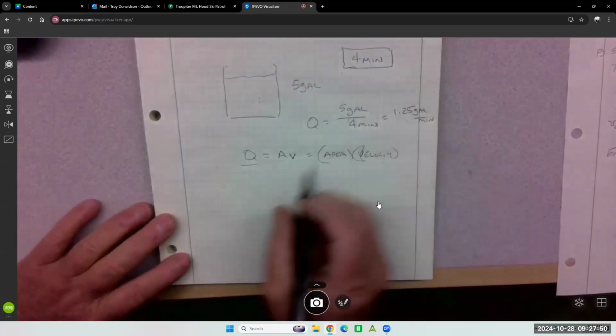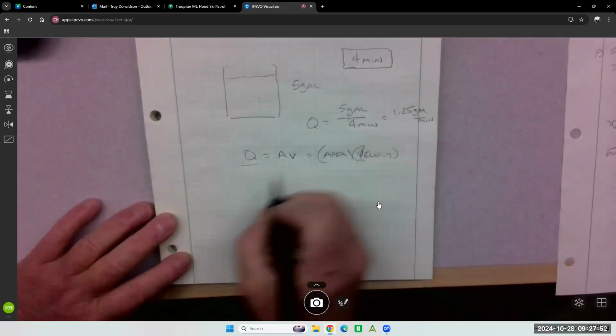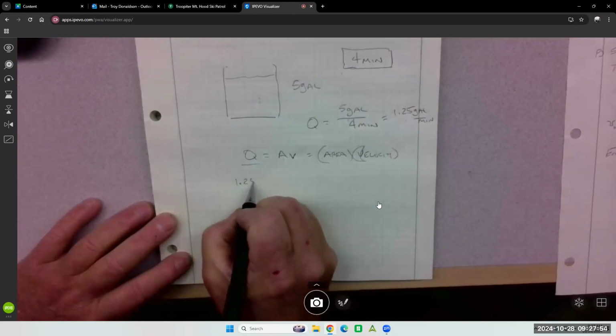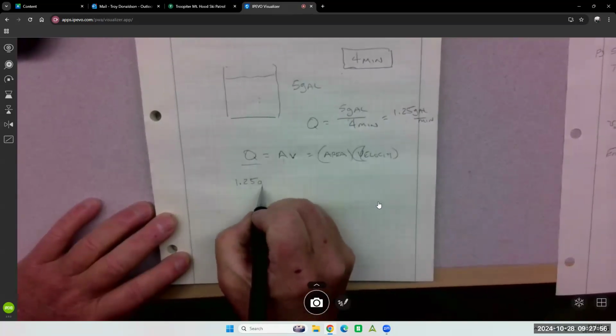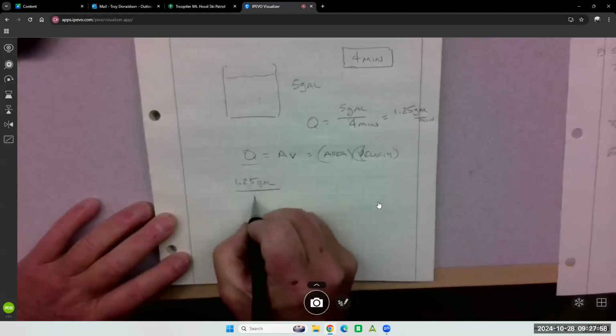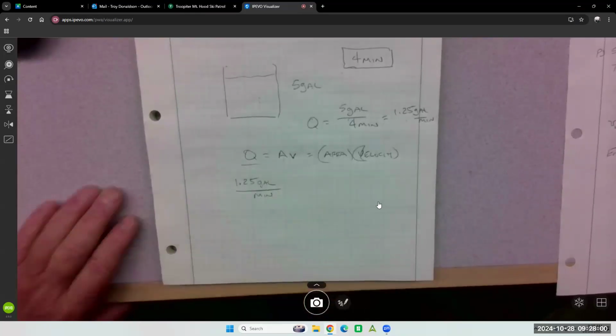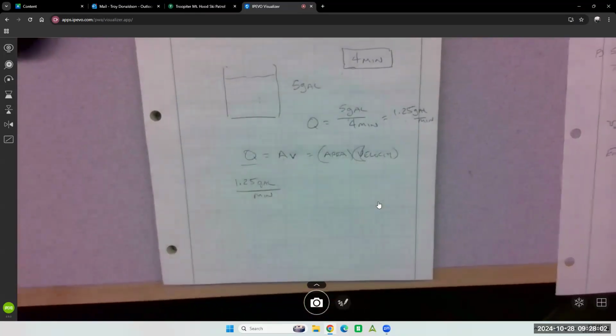So if we know that we have 1.25 gallons per minute, we need to get rid of the gallon thing because we don't really talk about velocities with gallons. We're going to want cubic feet per second or cubic feet per minute.